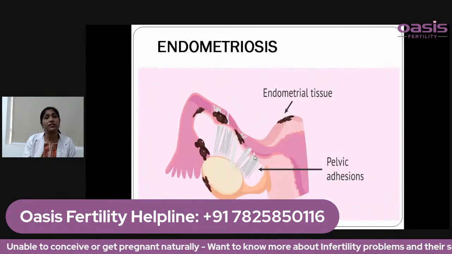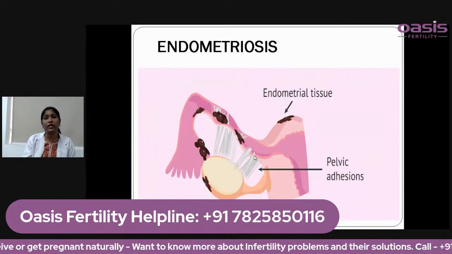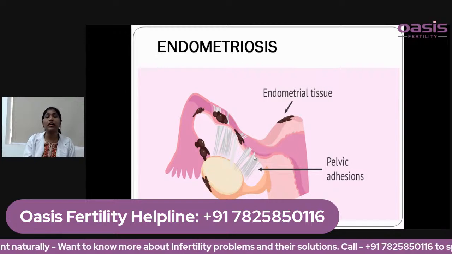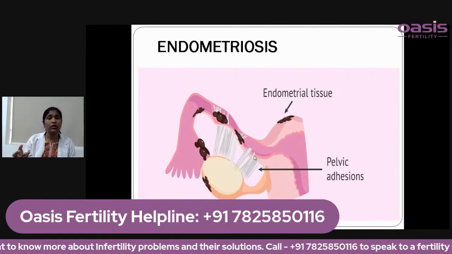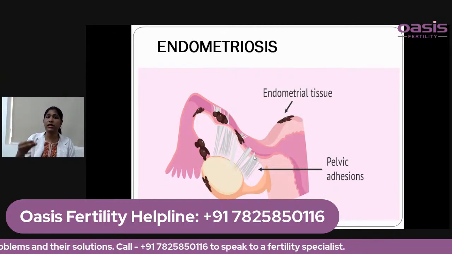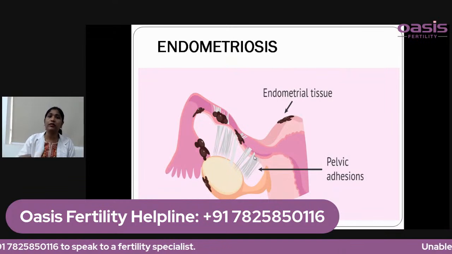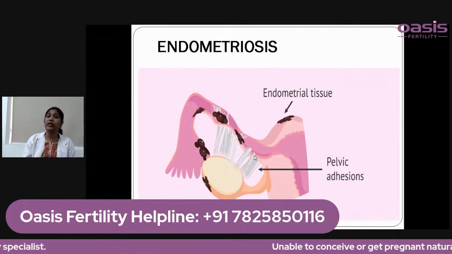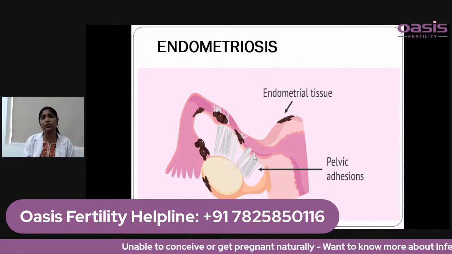Then endometriosis is a very important reason for tubal factor infertility. Endometriosis is the growing of endometrial-like tissue. The endometrium is generally present on the inside of the uterus. But if this inside lining of the uterus grows outside the uterus, then it is called endometriosis. It can affect most of the organs in the pelvis, so fallopian tubes can also get affected.